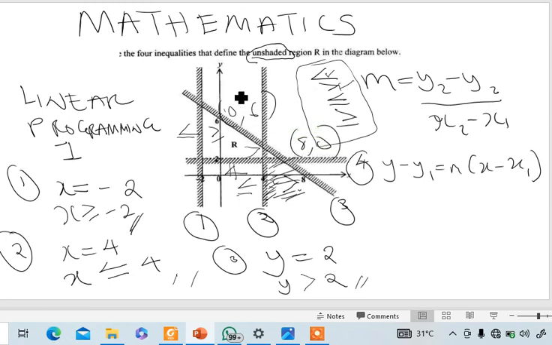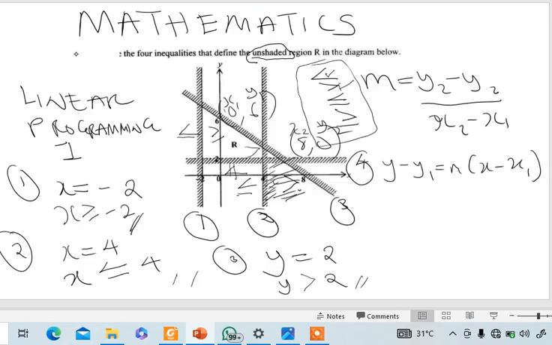Okay, so let's pick these. To start with, we have to give labels to these coordinates. The first one is always x, so we can call this first coordinate x1, y1, and this second coordinate x2, y2. First, you have to find the gradient.